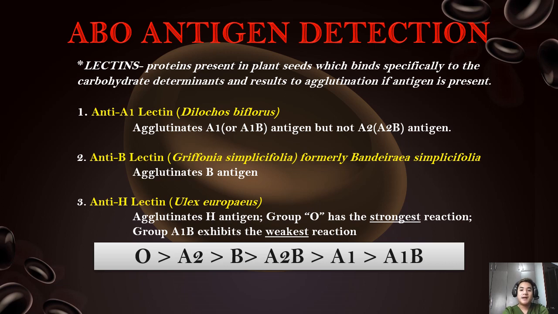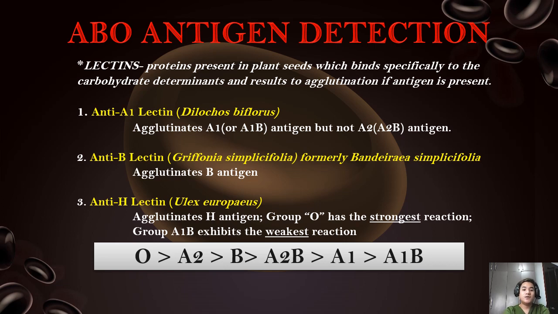In blood bank, we use three different lectins of plant origin. The anti-A1 lectin agglutinates A1 or A1B antigen but does not agglutinate A2 or A2B antigen. As you can notice, I'm mentioning the numerics 1 and 2 more often. These two are actually the common subgroups of A, which I'll be discussing in a more elaborate manner in a separate topic slide.